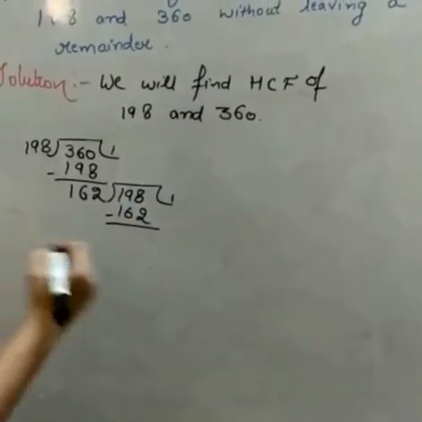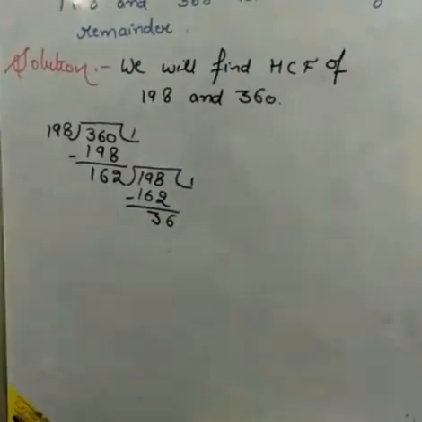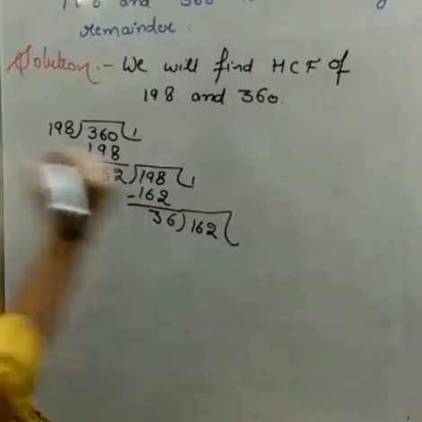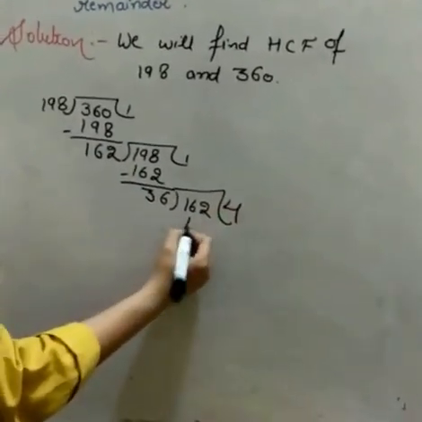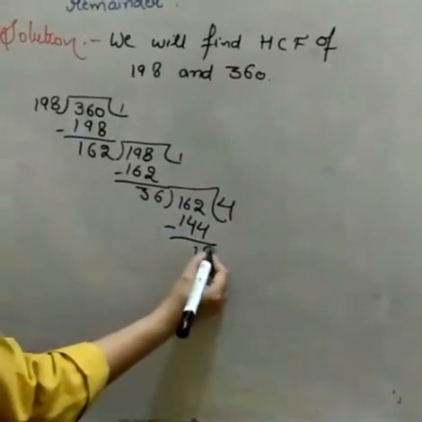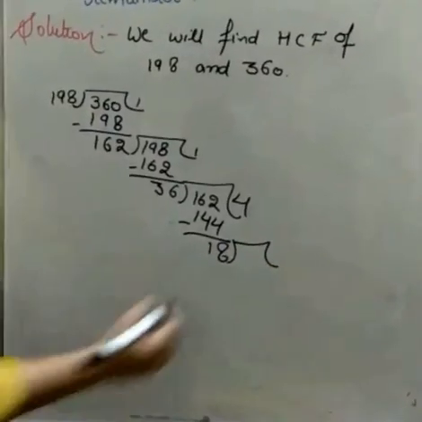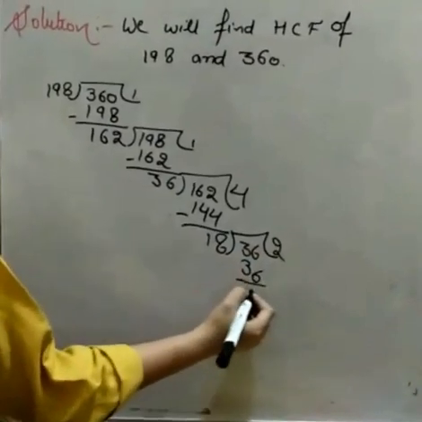On subtracting we will get 36. So 36 will be now new divisor and 162 will be new dividend. Again on dividing it we will get 144 and on subtracting we will get 18. So 18 will be now divisor and 36 will be dividend. So 18 2s are 36.